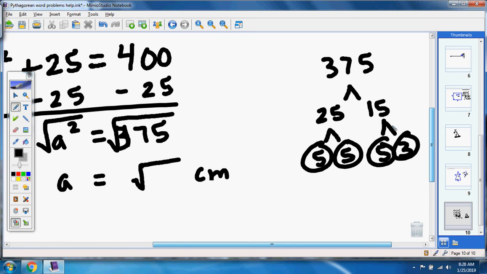We're looking for our pairs. We have a pair of 5s, no other pairs, so it means the 5 goes outside. And what's going to go inside? The 15.